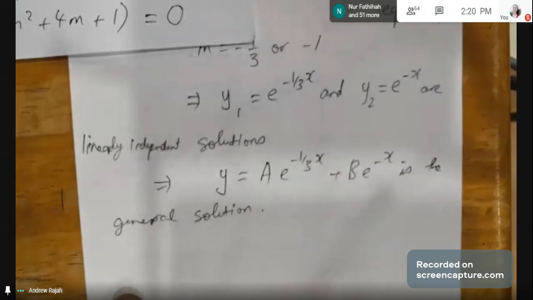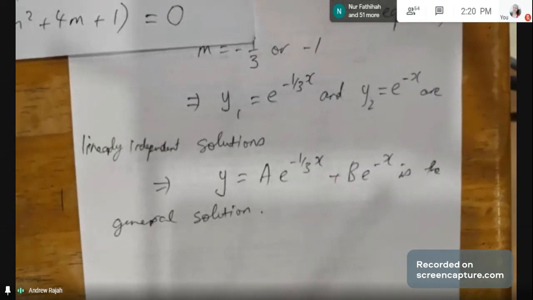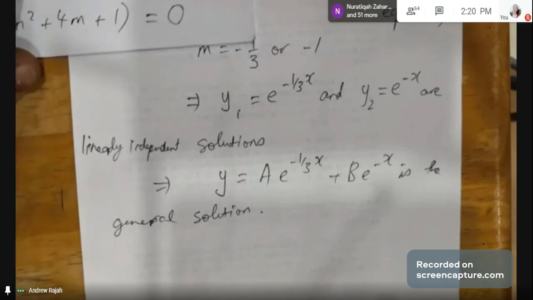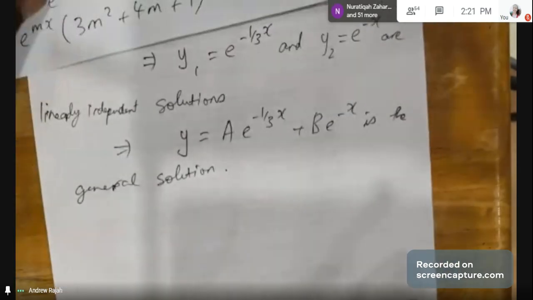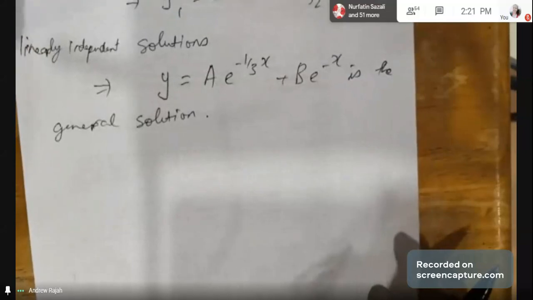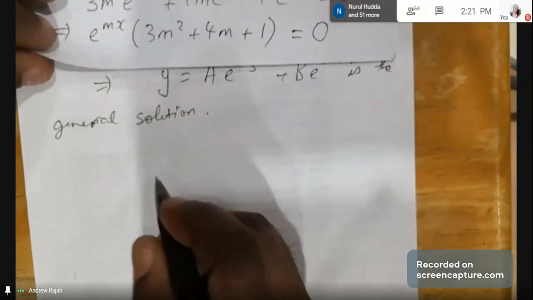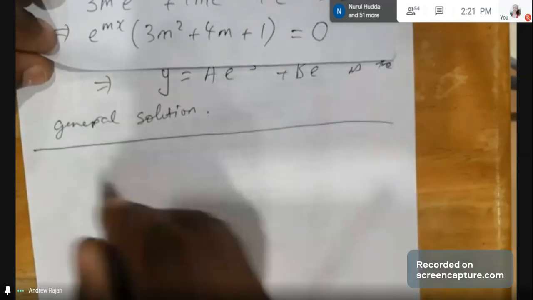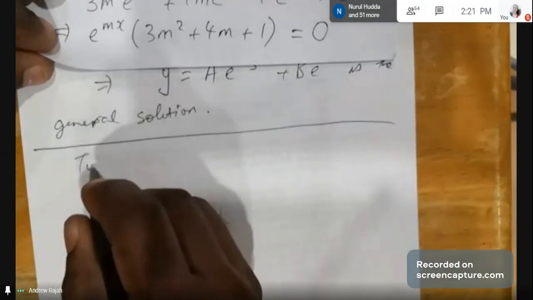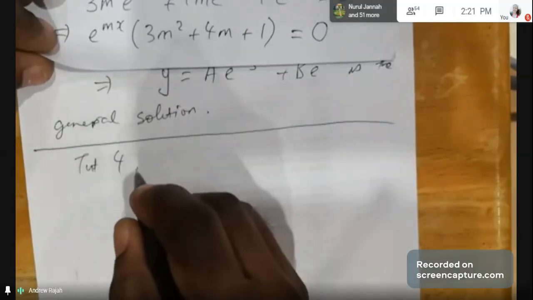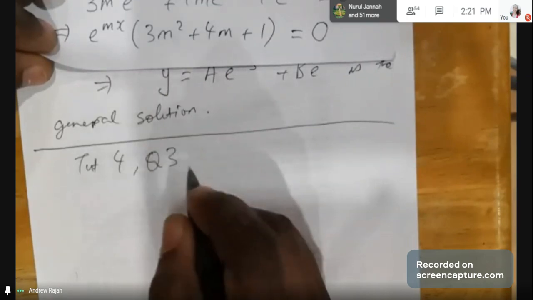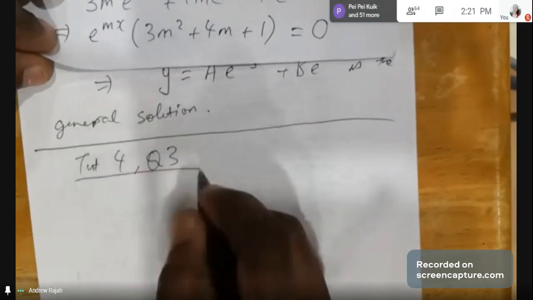Okay, so now you're going to use the same concept for this equation. Now it's not y but it's u. So for this you go to tutorial 4, question 3.